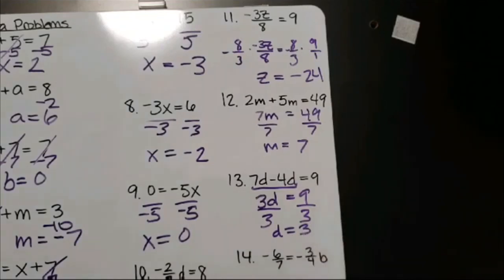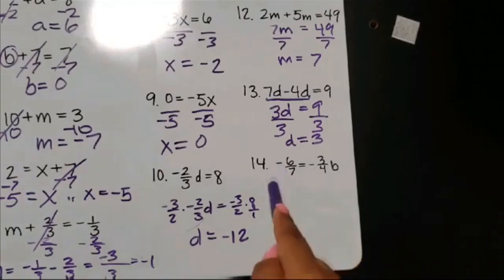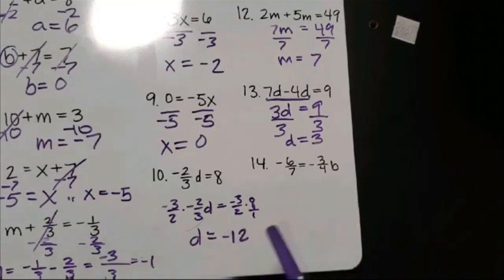For number 14, we have a fraction on both sides. So we know that we're going to be multiplying by a reciprocal. So hopefully you guys said negative 4 over 3. So if you said negative 7 over 6, that is incorrect, and we want to multiply by the reciprocal.